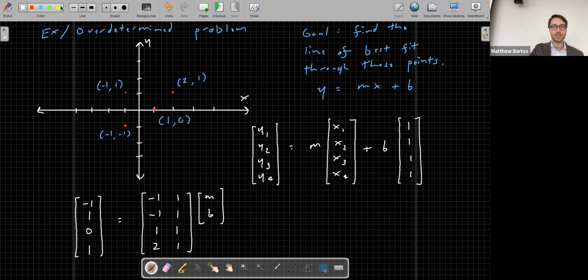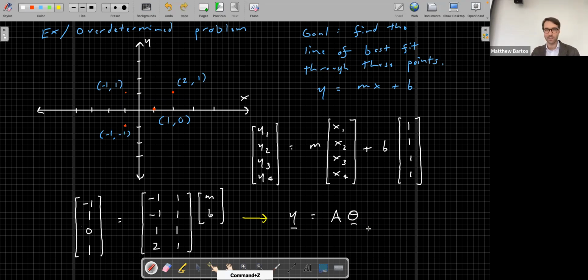So we have this matrix equation now, where we have that y is equal to some matrix A times what I'll just call theta, which is our parameter vector containing m and b. And we're trying to solve for theta, right?